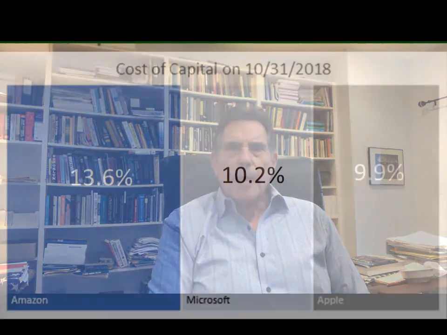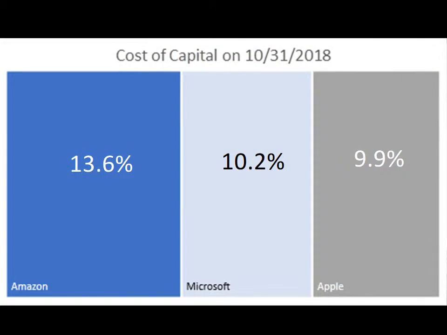20%. Now, if I compare that to the equity costs for well-known public companies like Apple and Microsoft or Amazon, firms like that, the cost of equity would be a fraction of what the cost of equity would be for the small firm we just calculated the cost of capital for. Now, what does that mean?